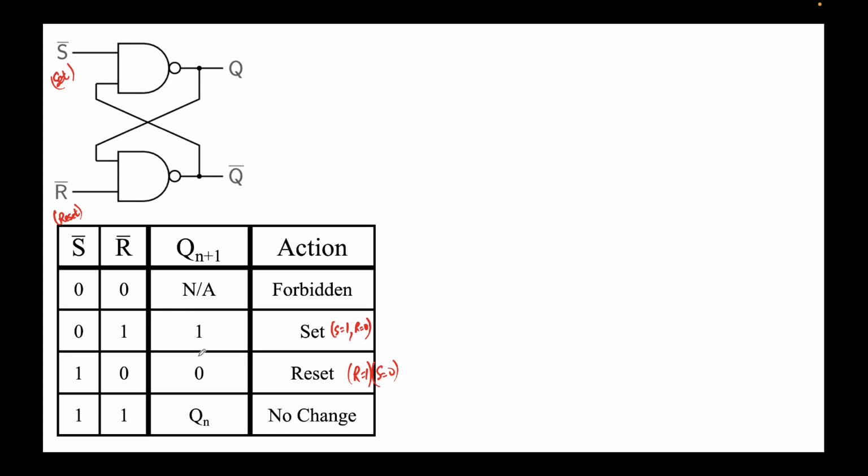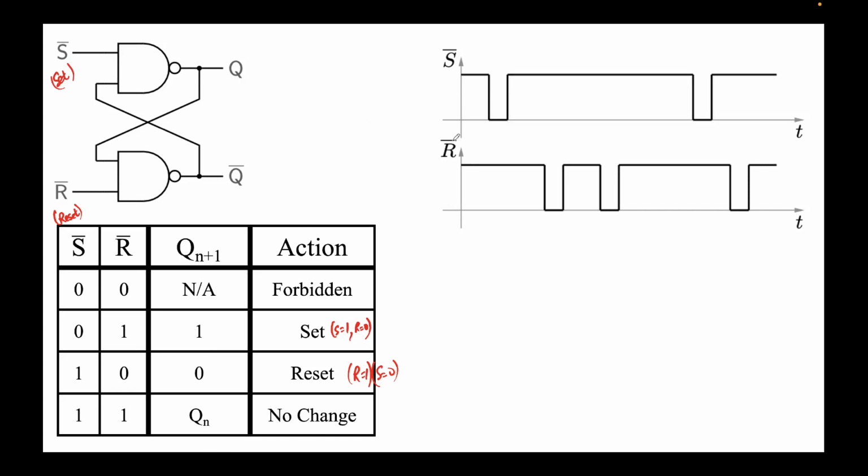All right, so now these are the values of inputs that are given to us, and we also know this is the truth table. Now I'll simply draw the output Q as a function of time.